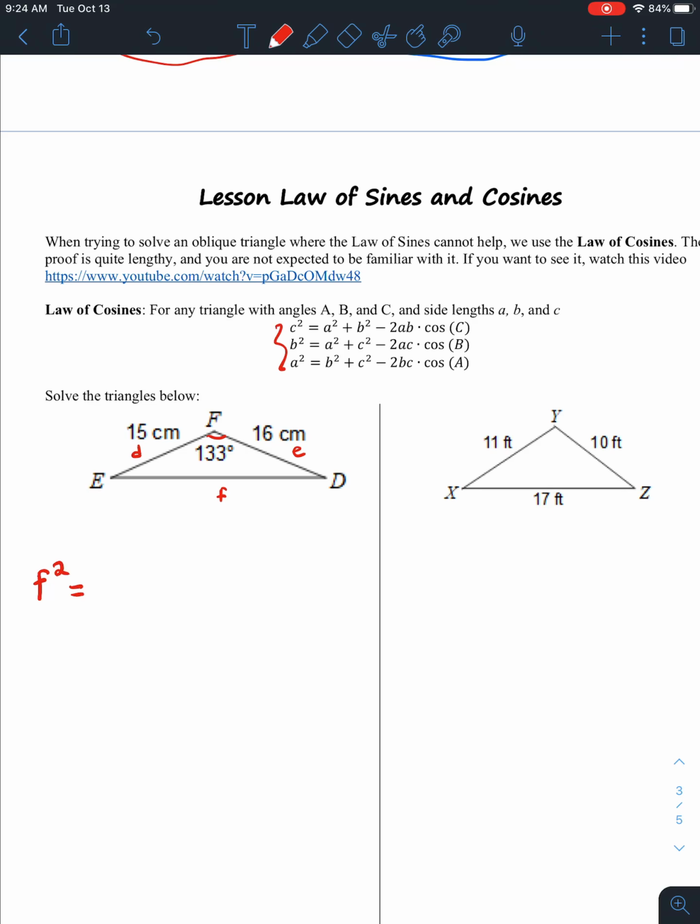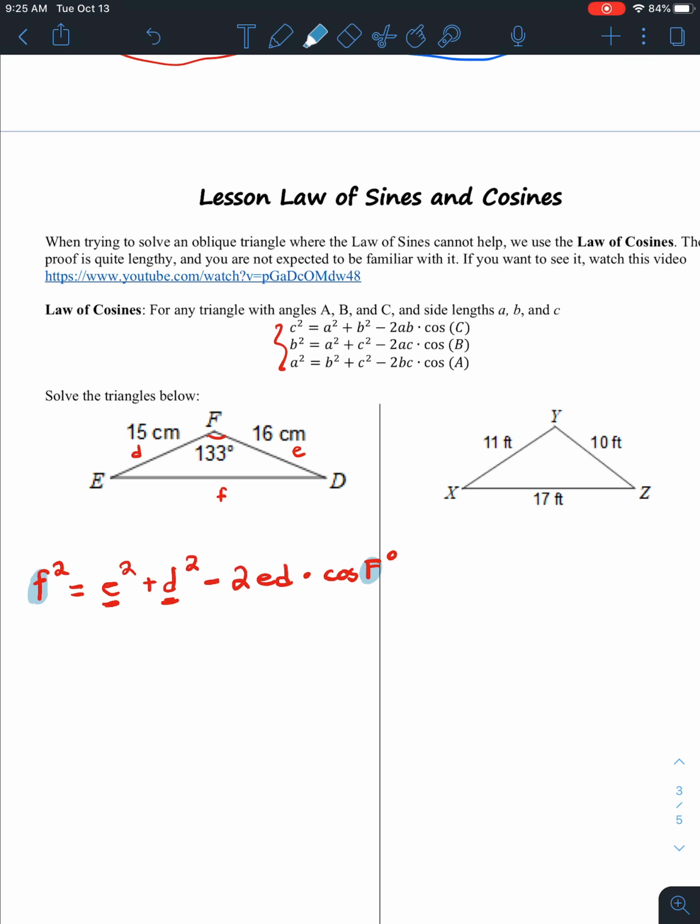And here, you're always going to write the other two letters. So you're going to write E squared plus D squared minus 2. It's always going to be minus 2, and it's always going to be the same two variables that you have right here, so this is going to be times ED times cosine of F. These two will always match.